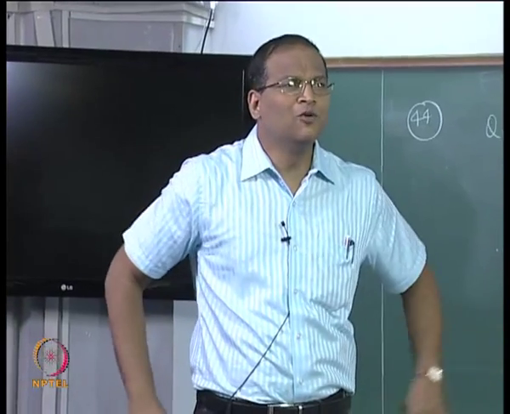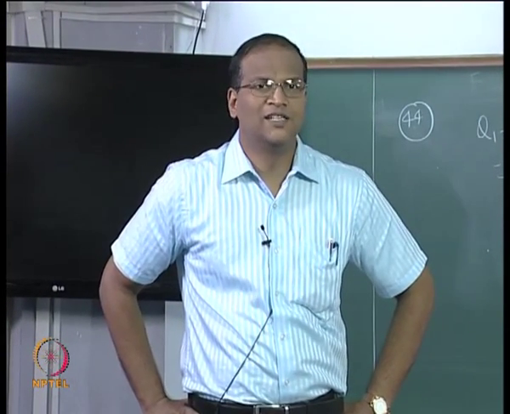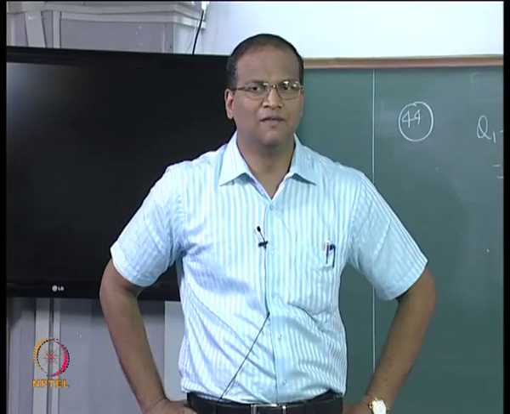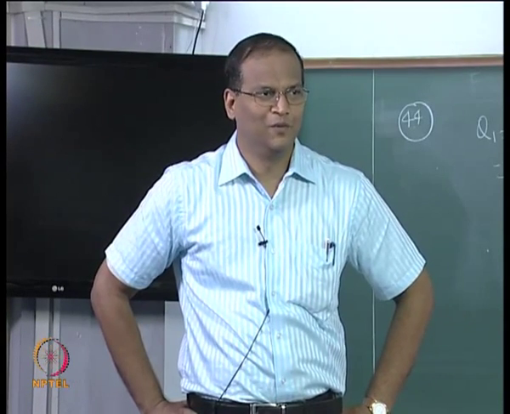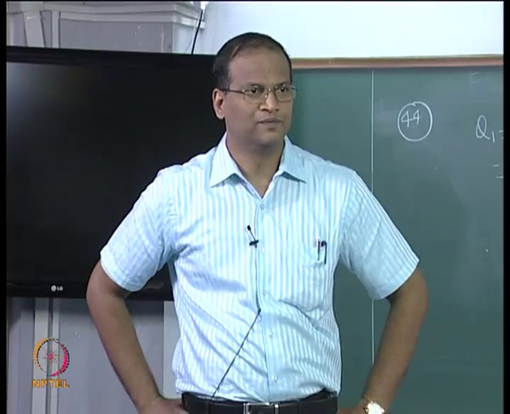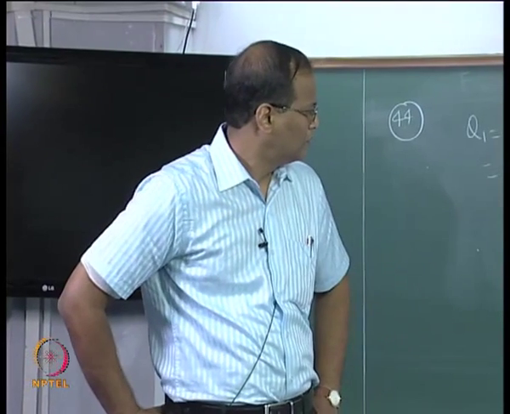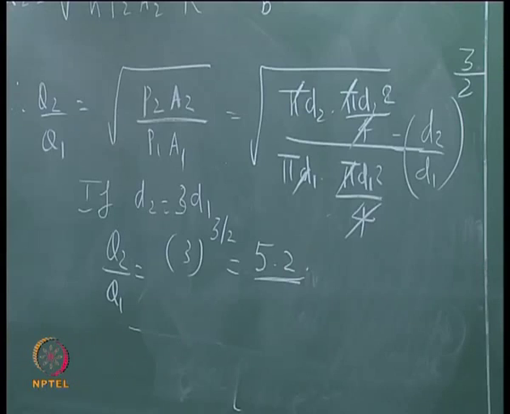But suppose we are trying to do something like this, in a satellite which is placed in the PSLV. We want to do some heat sink design and all that. Vamsi, what happened? Is it not clear? The heat transfer rate has increased by 5 times, very good, but the weight has increased by 9 times.